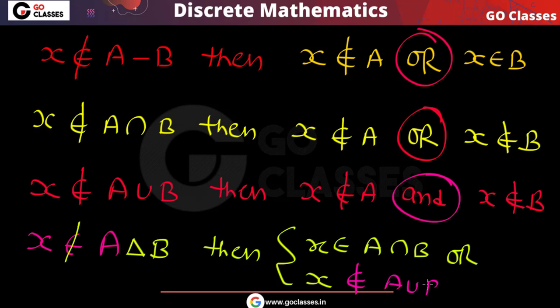You can notice, if x does not belong to the symmetric difference, it means that either x is in A intersection B, meaning both of them, or x is not in any of them. x is not in A, x is not in B, which means x is not in A union B. So this is the idea.